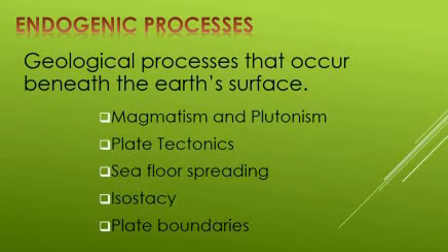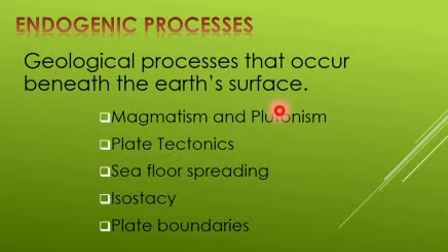So last time we discussed exogenic processes. When we say exogenic processes, these are the activities or processes that happen on the surface of the earth, while endogenic processes are geological processes that occur beneath the earth's surface.